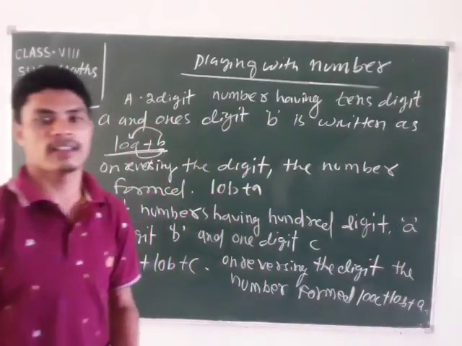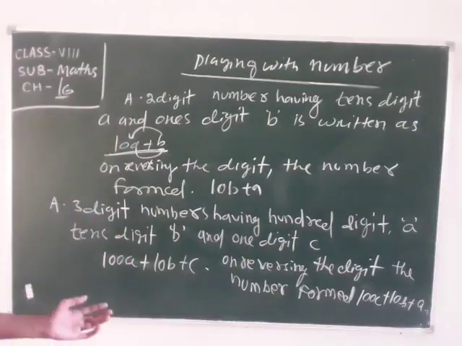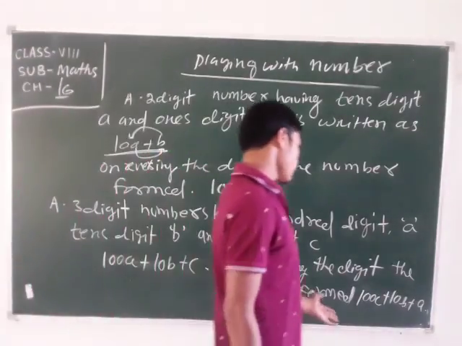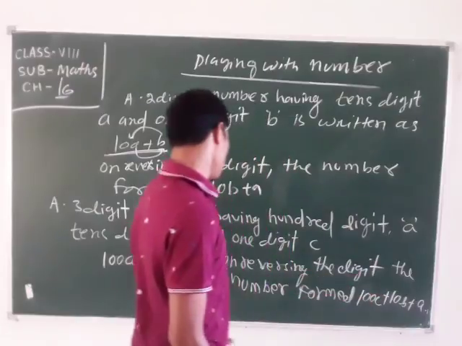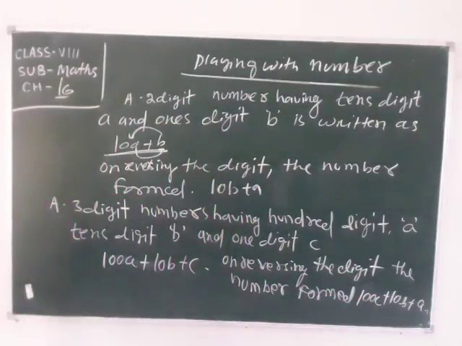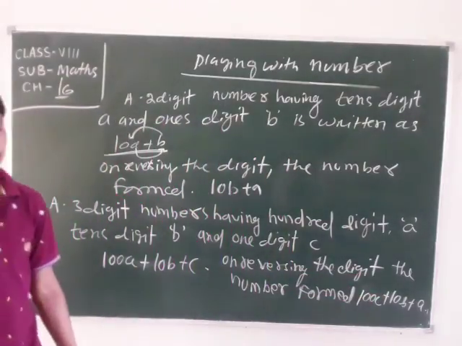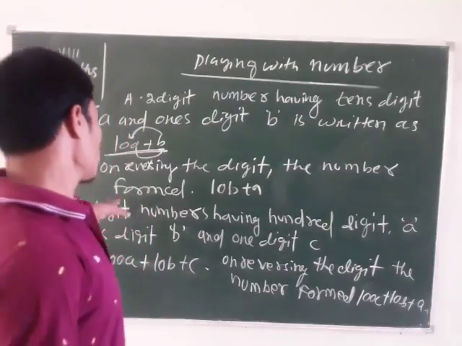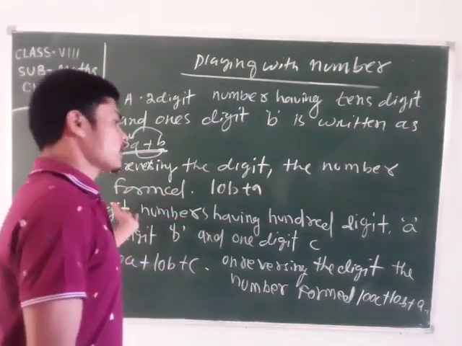A is the answer. Clear about it? What are the answers? Now here we solve the word problems on reversing the digits of 3-digit numbers.